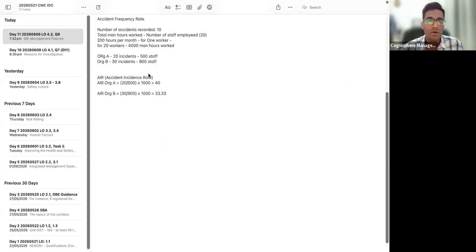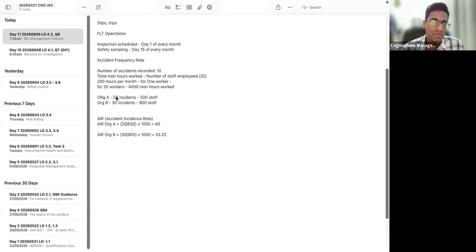So when we just look at the number of incidents, 20 and 30, we may think that organization A has a better safety performance, but in reality, organization B has a better safety performance because their AIR, accident incidence rate, is 33 compared to organization A, which is 40.